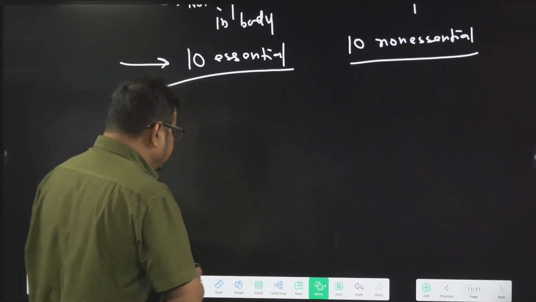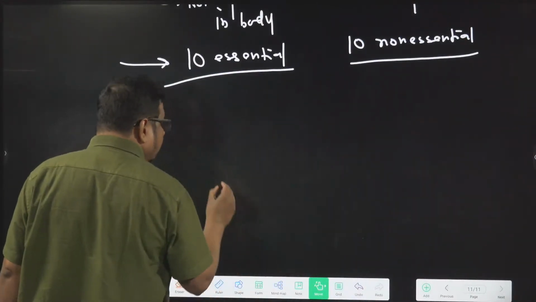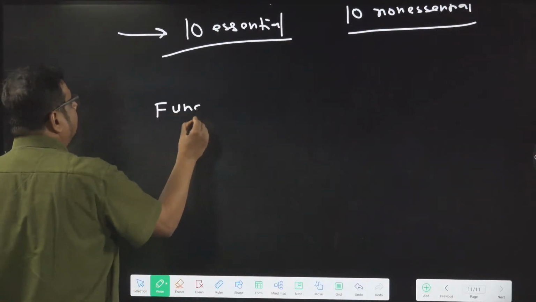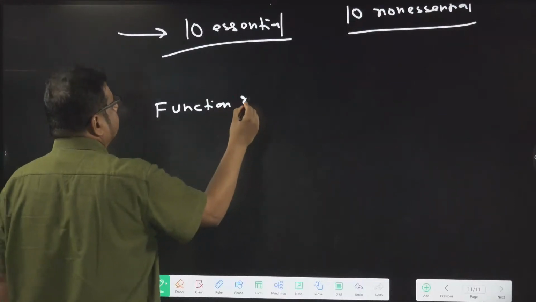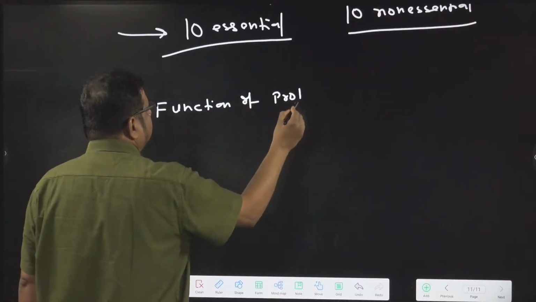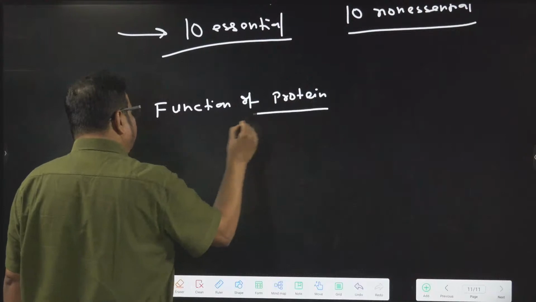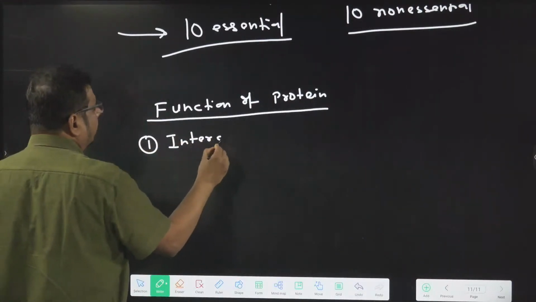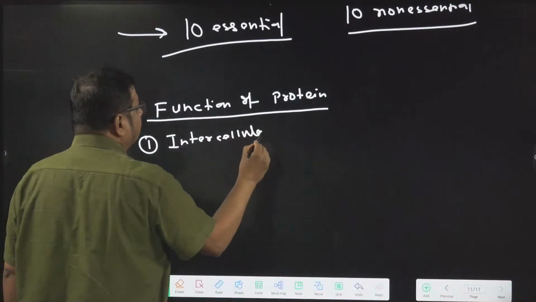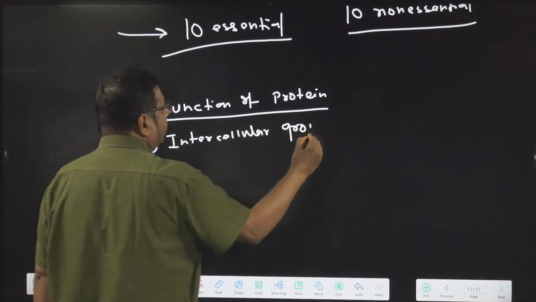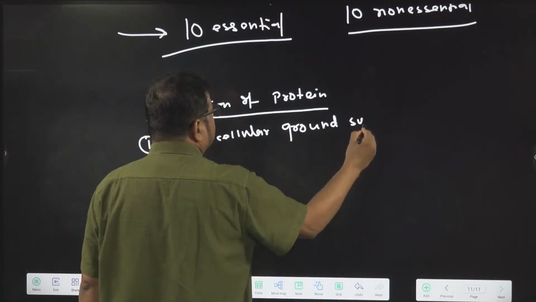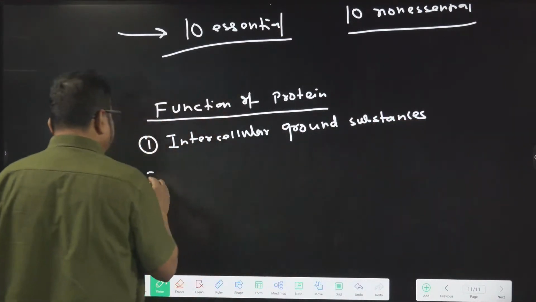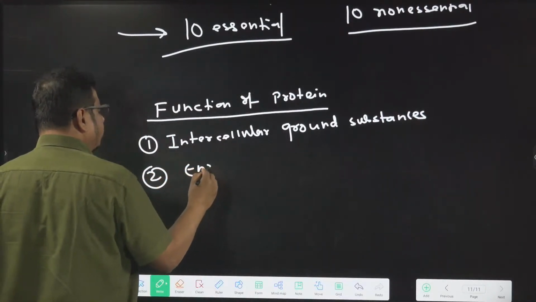Yes. Now I am writing the function of protein. What function is performed by protein in our body? Function of protein. Protein forms intercellular ground substances or matrix. Protein may act as enzyme.